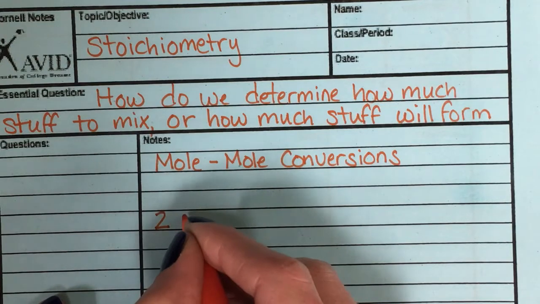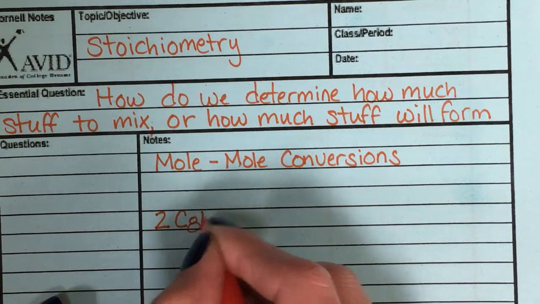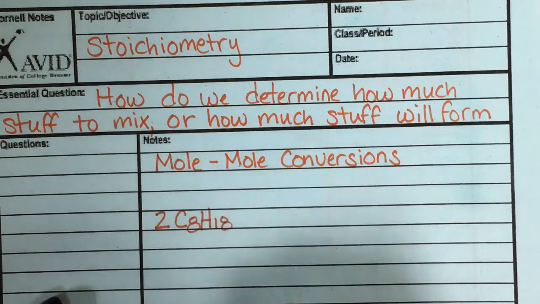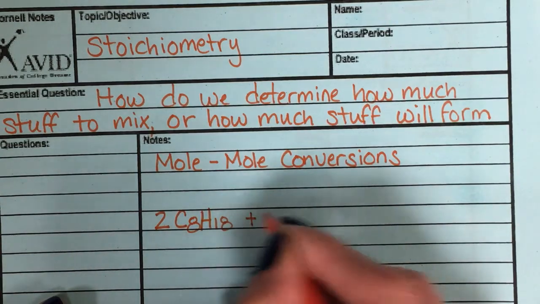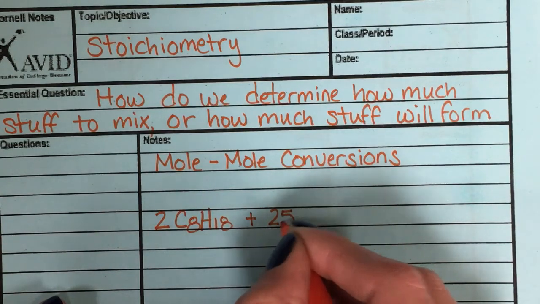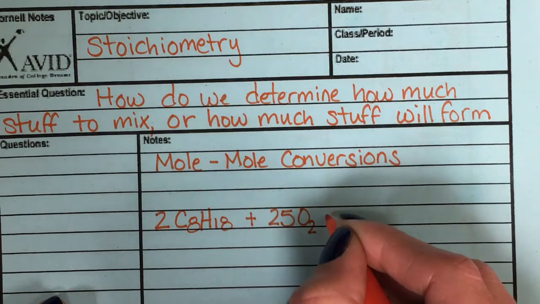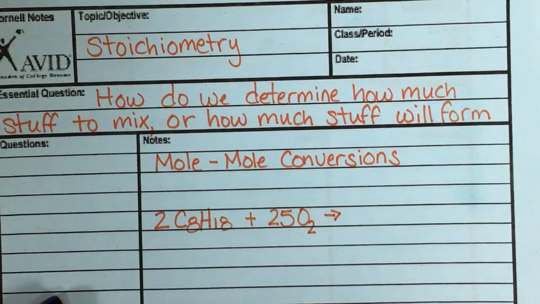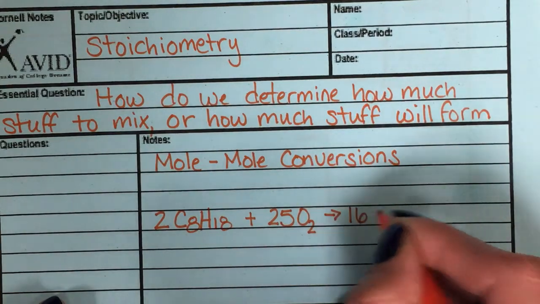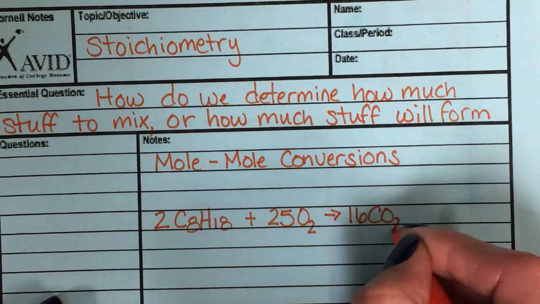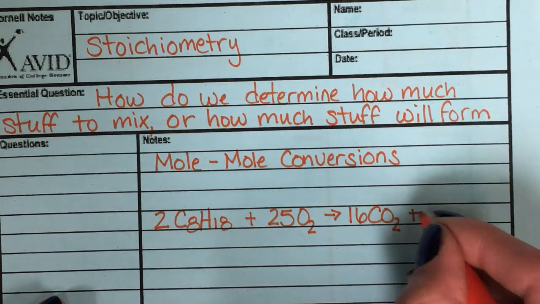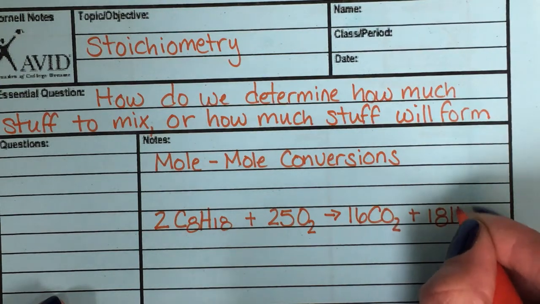I've got 2 C8H18 plus 25 oxygen, and I'm making 16 carbon dioxides and 18 waters.